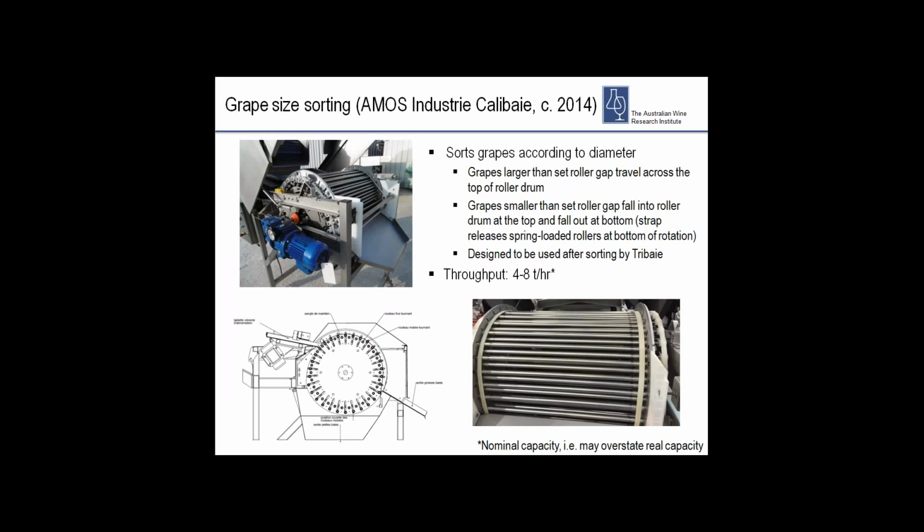That same company, Amos, have also more recently introduced a device designed to grade grapes into different diameter categories, which they suggest can be used after that previous density bath sorting system. Grapes larger than the set roller gap travel across the top of the roller drum, and grapes smaller than the gap fall into the roller drum at the top and fall out at the bottom.